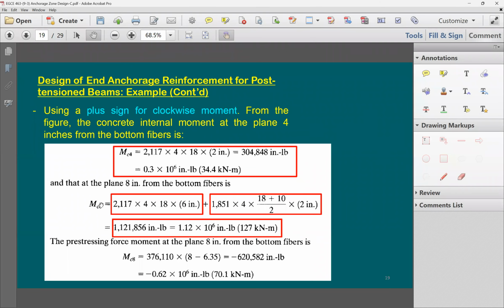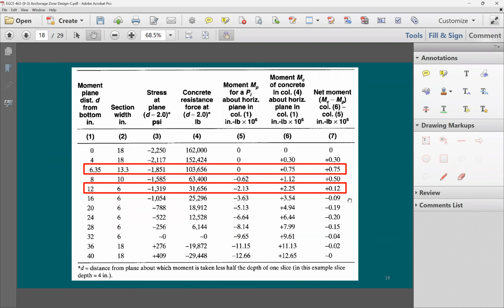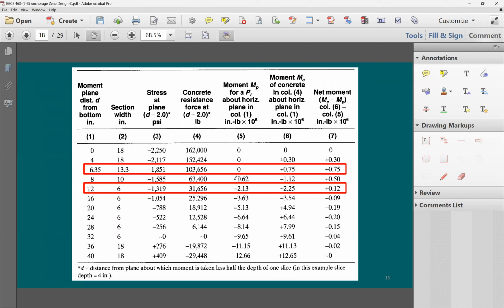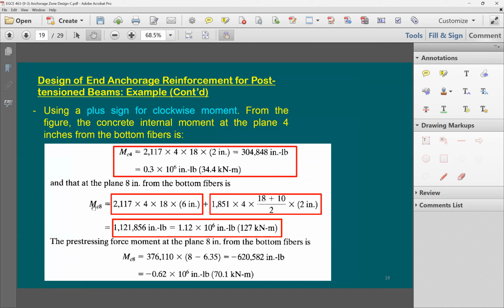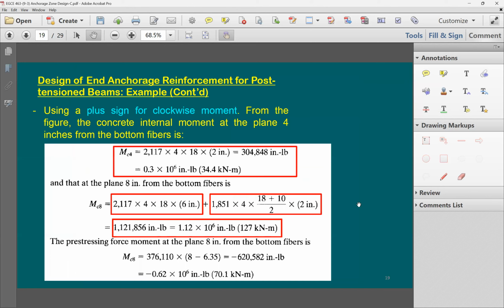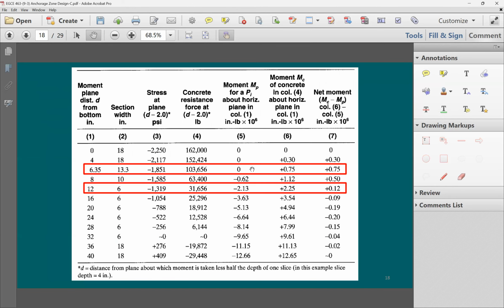And then you add the effect of the pre-stressing force. At the end, it is going to be 0.62, which means this, hold on. This 0.62 and this is going to be 1.12. So this segment, MC6, is going to be the what? The 1.12, which is going to be this value here. And from the pre-stressing itself, it is going to be negative 0.62, right? You add them to each other, you're going to end up with 0.5.